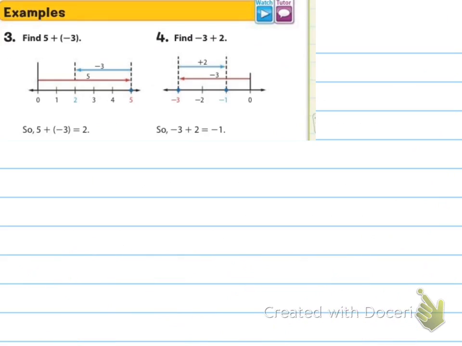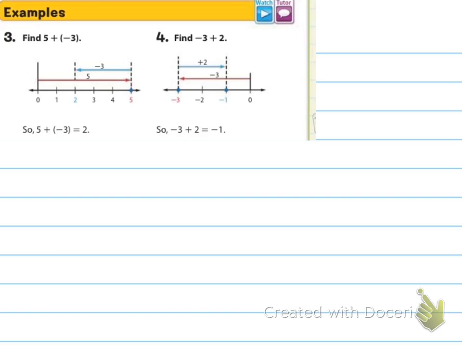All right, next. So some examples. For example 3, where it says 5 plus -3, using the number line, you always start at 0, and you do +5, which takes you over here. Then you're doing -3, which is the opposite direction, so you go this direction and you end up at +2.